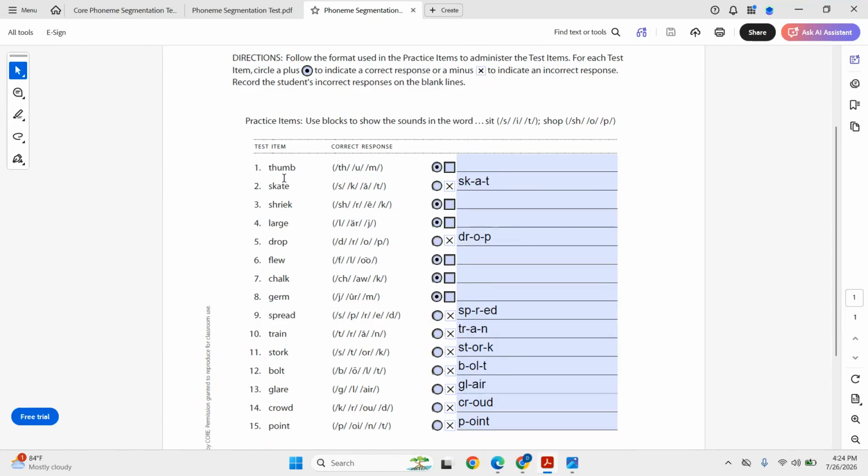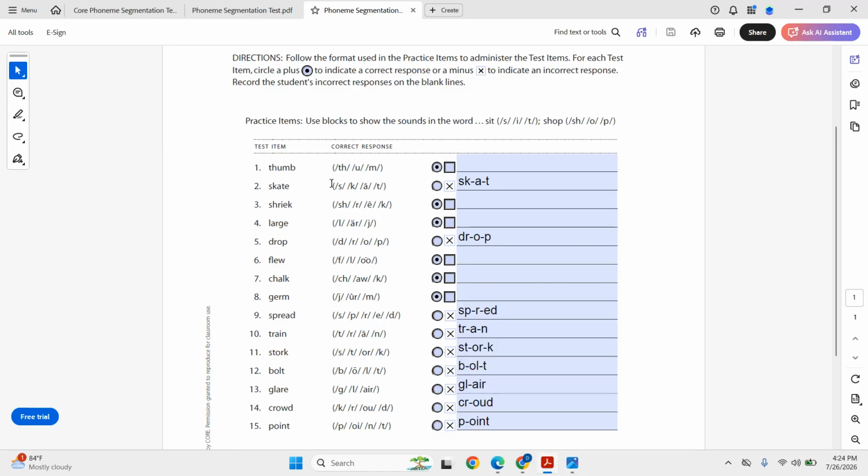For the word thumb, Kaden correctly gave the sounds in the word thumb. He correctly represented the sounds using the colored blocks. For the word skate, Kaden incorrectly represents those sounds because he gave us 1 block to represent the beginning sound in skate.